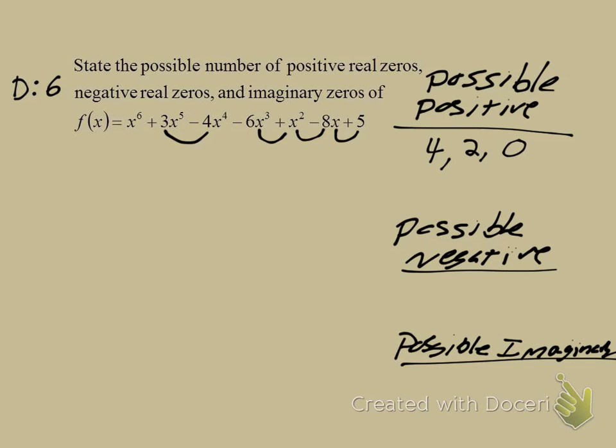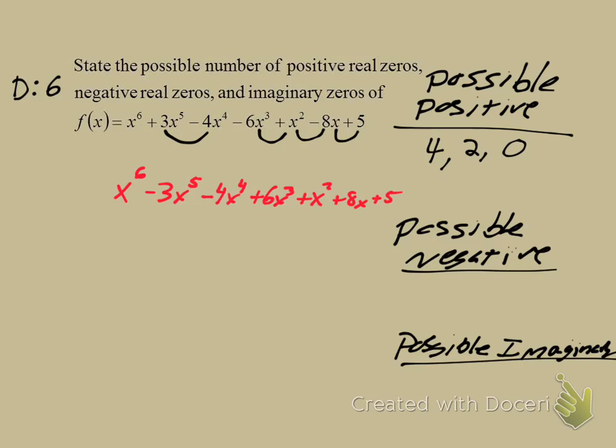Now, for your negatives, you go through and you switch the sign ahead of each odd exponent. So x to the 6th minus 3x to the 5th minus 4x to the 4th plus 6x cubed plus x squared plus 8x plus 5.